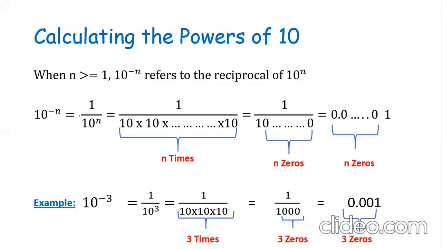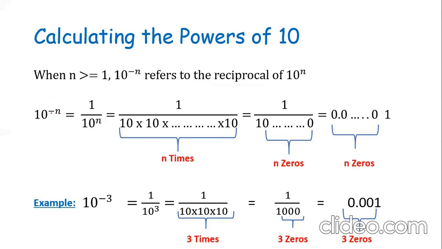So to clarify this further, we write 10 to the power of minus n equals 1 over 10 to the power of n.